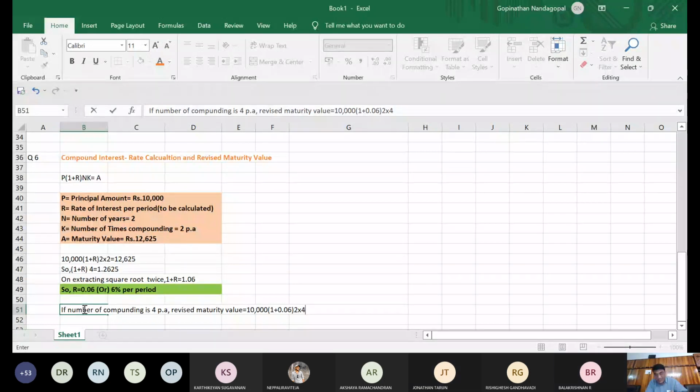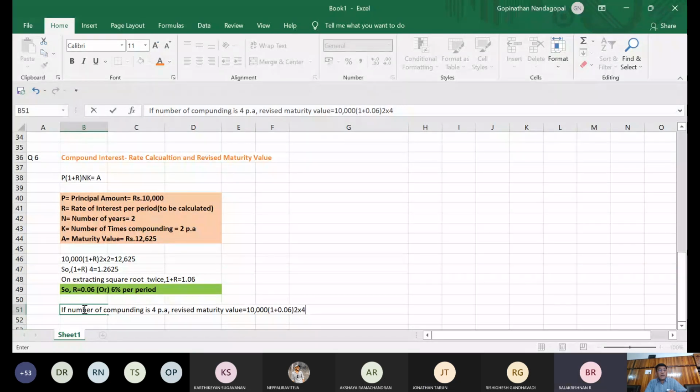You are saying that the interest should be 12% per annum, so per period, quarterly, it will be divided by 4. So 12 divided by 4 is 3%, 0.12 divided by 4, 0.03.